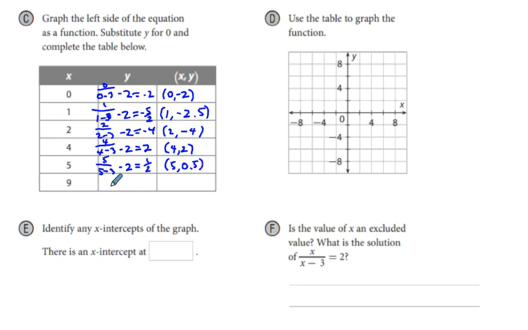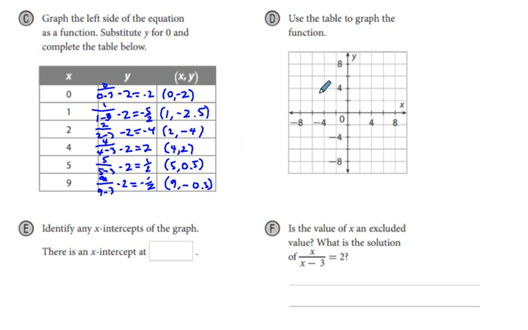And for 9, we put in 9 over 9 minus 3, minus 2. That's 9 over 6, or 3 halves, minus 2. So we get negative 1 half. So we're going to get 9, comma negative 0.5.